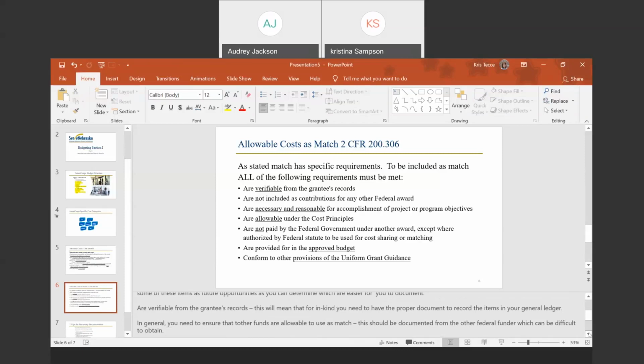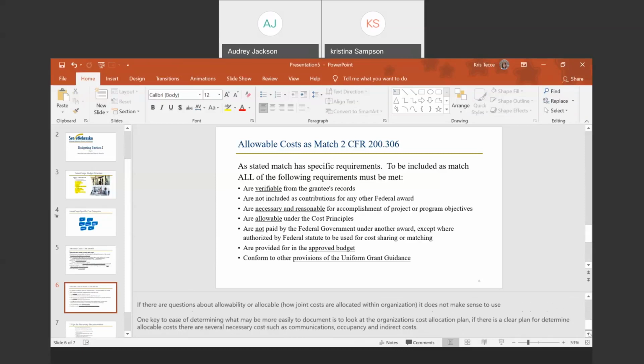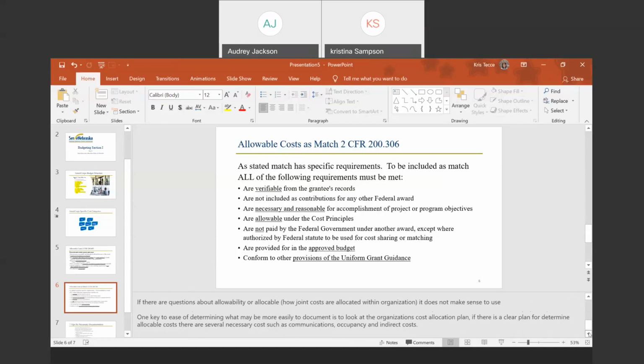They're not paid by another federal source unless you have permission to do so, and that they're provided for in your approved budget. So again, your budget is a key to allowability. As we said, it will carry throughout your program and be a large piece of compliance. And you need to conform to all of the other uniform grant guidance, and that could be the prohibited costs, as we talked about previously.